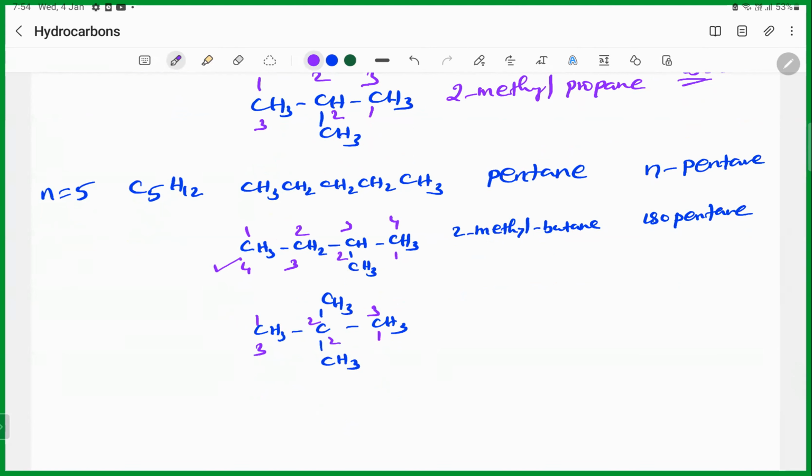At the second position you have two methyl groups, so when naming this, it is 2,2-dimethyl. Remaining how many carbons? 3 carbons: propane. The common name is neopentane. Okay, is it clear? This is how we have to give the name.